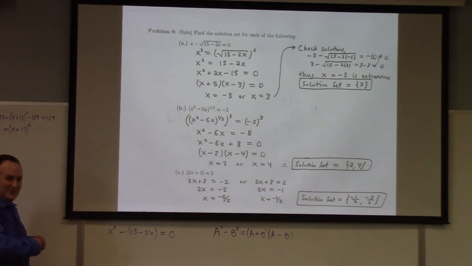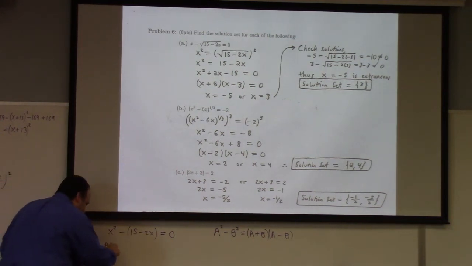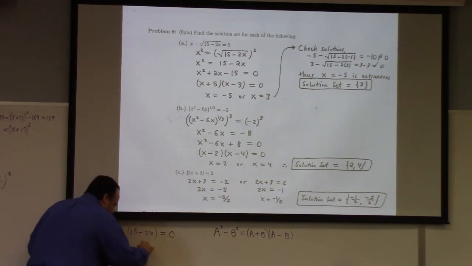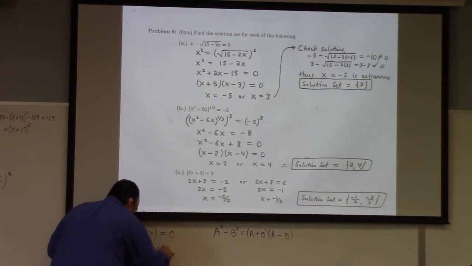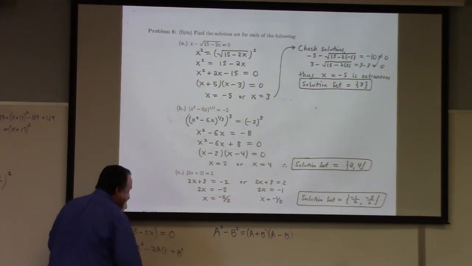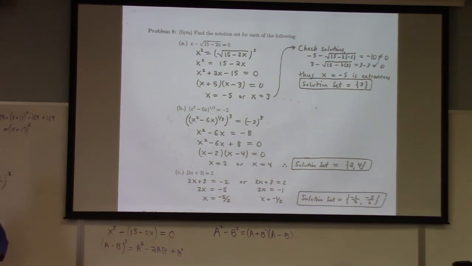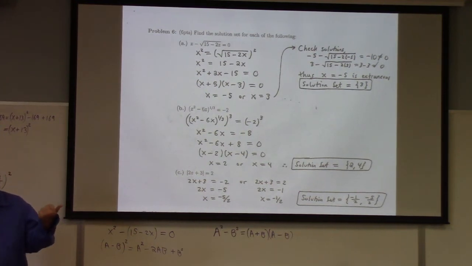If I have a minus b, this pattern, and I square it, what happens? I get a squared minus 2ab plus b squared. So when you have a difference of things, you can't just square each term individually on its lonesome. That's not how it works.